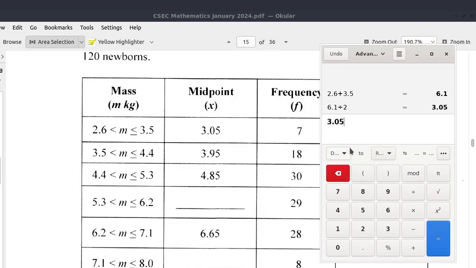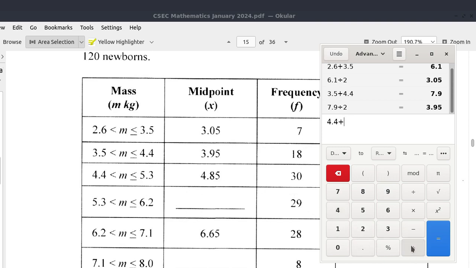Alright? If you do the same thing to 3.5 plus 4.4, put it over 2, you get 3.95. And so on and so forth.